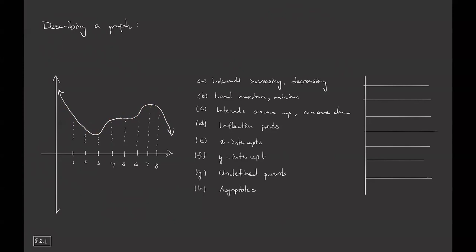So first, let's consider where it is increasing and decreasing. Now that's going to happen where the slopes of the tangent lines to the curve at those points are either positive for increasing or negative for decreasing. Let's first maybe just find increasing. So we're going to be increasing where?